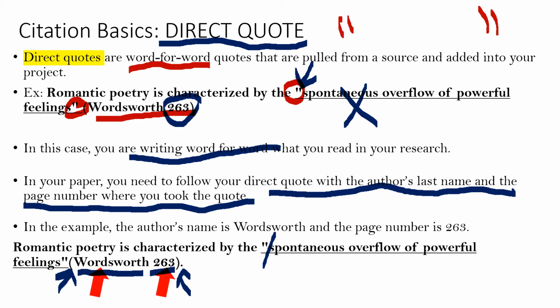What this does for your reader, your professor, is it tells him or her, if you go at the end of my essay and you look at the author Wordsworth and you look at the title of the book, that's where I found this quote.